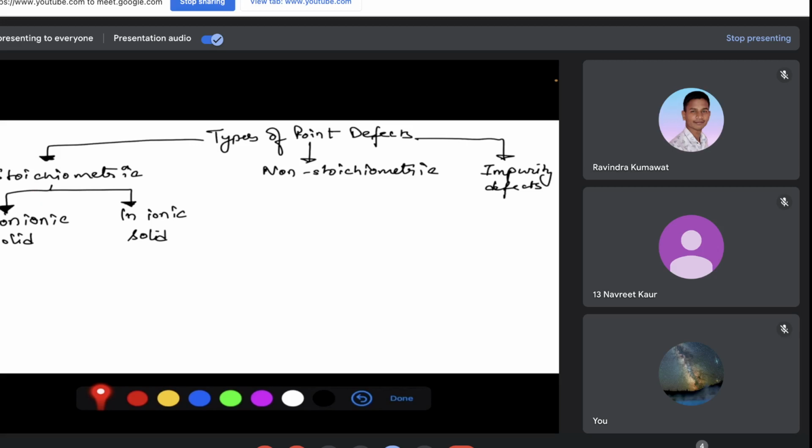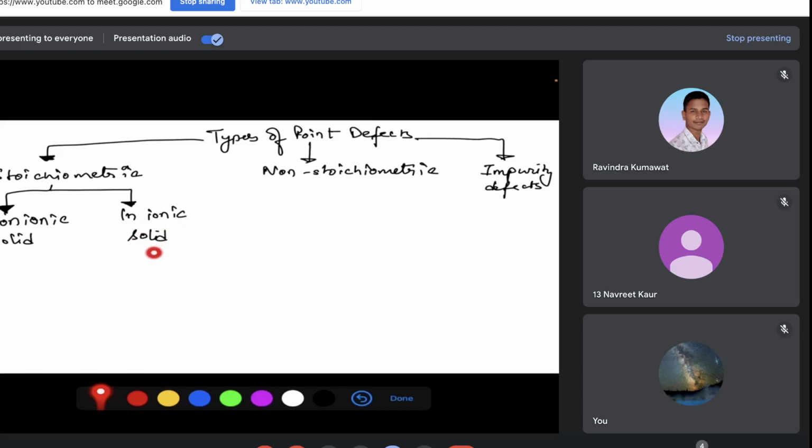This defect arises when there is some vacancy in the crystal lattice, or when some constituent particle moves from its original site and occupies interstitial sites. Stoichiometric defects have been observed both in non-ionic solids and in ionic solids.